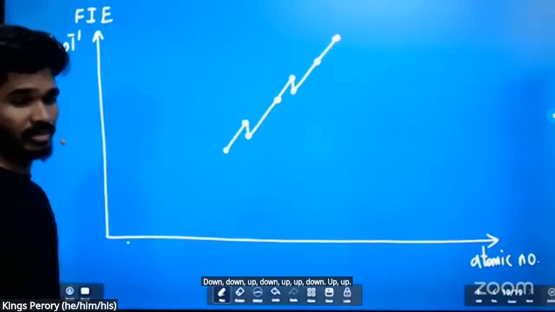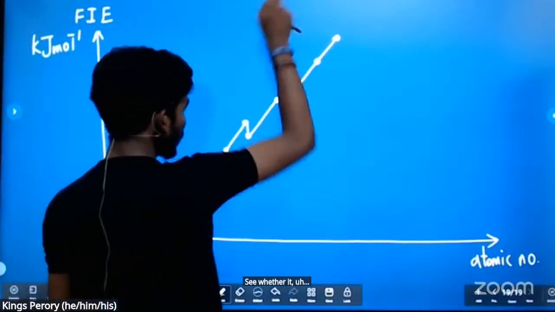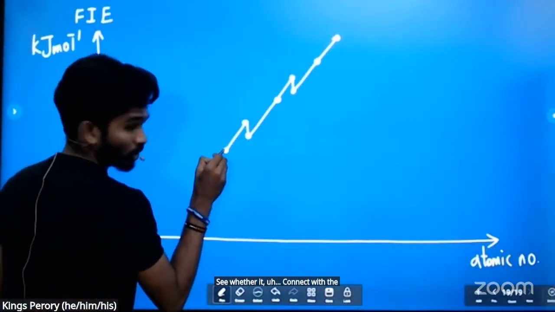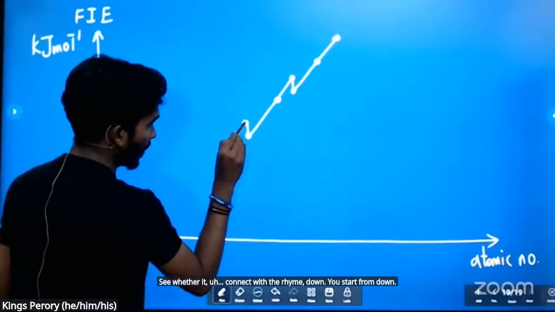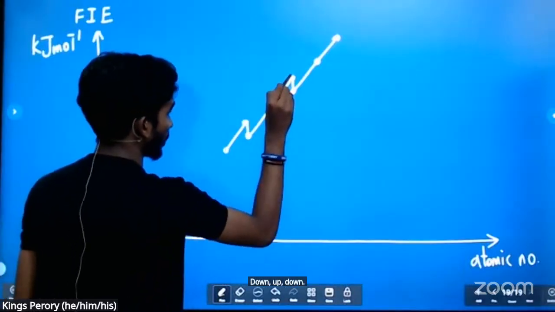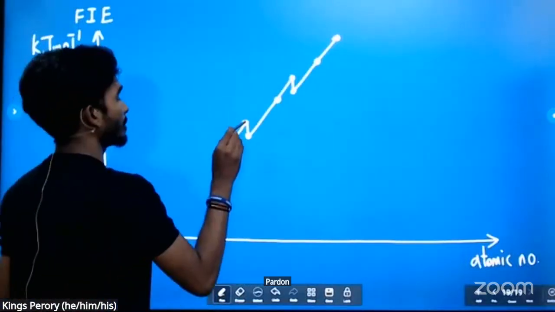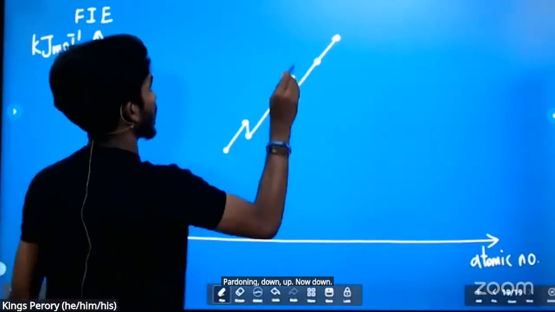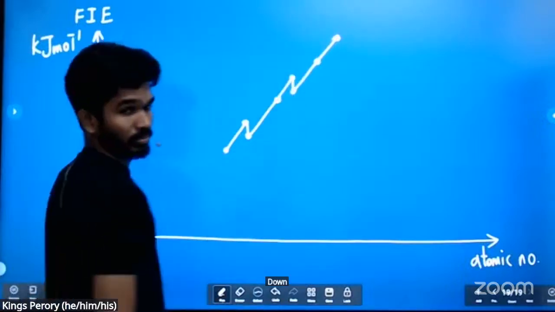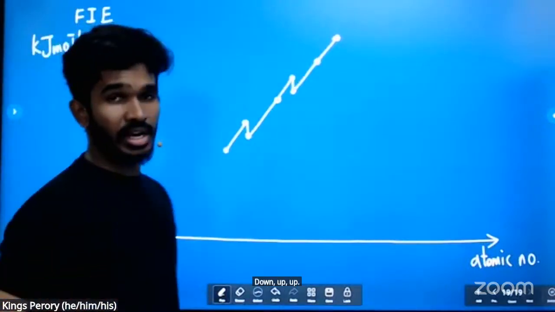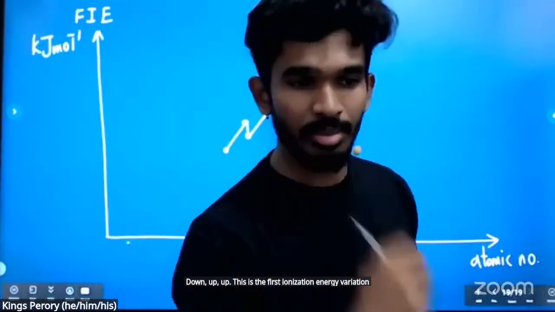See whether it connects with the rhyme. You start from down. Down, up, down, up, up, down, up, up. This is the first ionization energy variation across the second period.